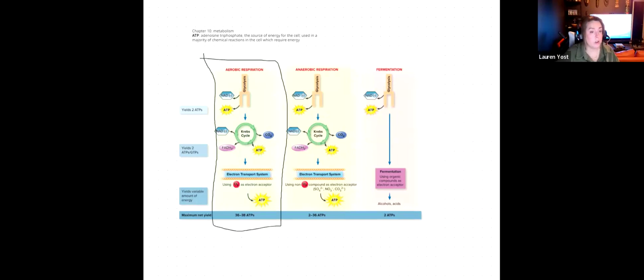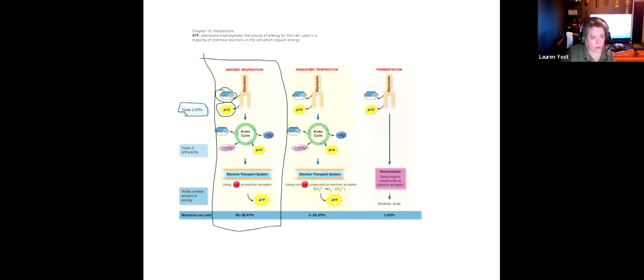But what we do need to know is that in glycolysis, we are making a little bit of ATP and we are making a little bit of NADH. So that's our electron carrier. That's our energy product, which is the goal. ATP is the goal of all of this, but glycolysis doesn't make very much. I mean, look over here, only 2 ATPs from glycolysis.